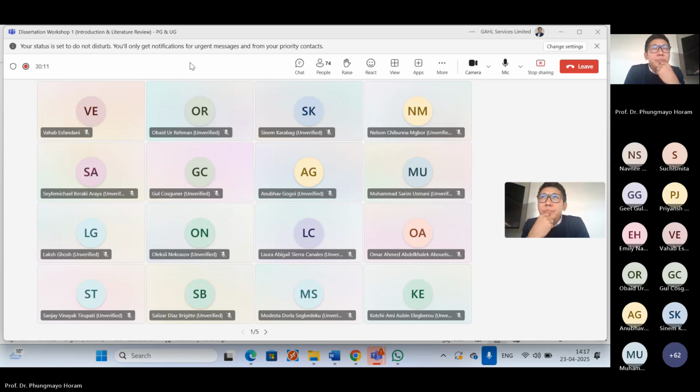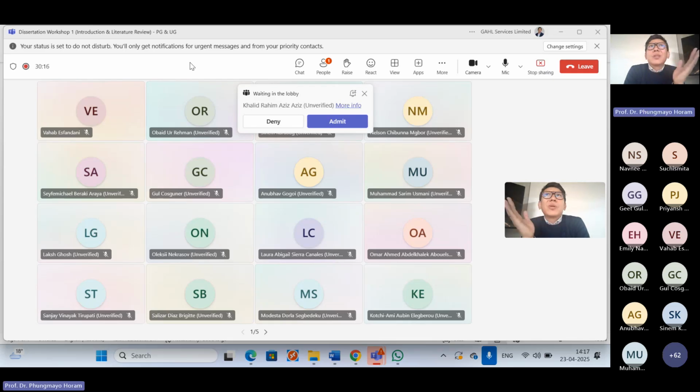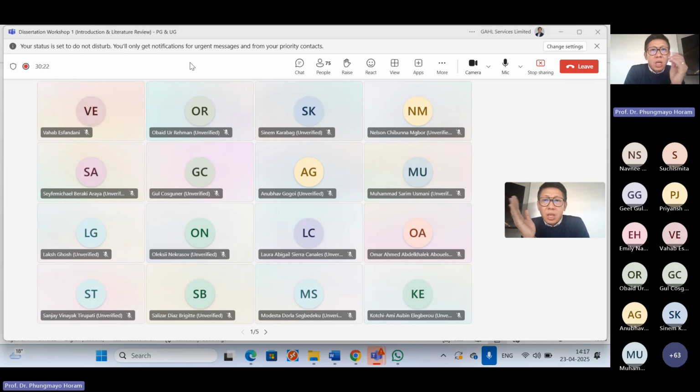Now, let's start with the basics. When you have to do any dissertation, a good dissertation, what is the first criterion for a good dissertation?